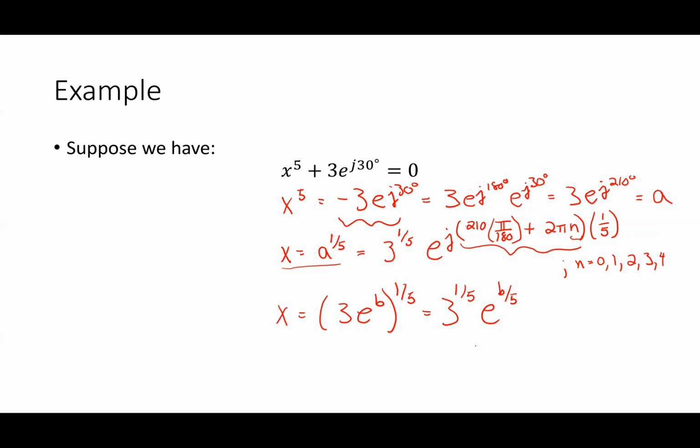And then b can be 210 degrees, or it can be 210 plus 360 degrees, and so on and so forth. So it's basically saying you do this for each of these choices.